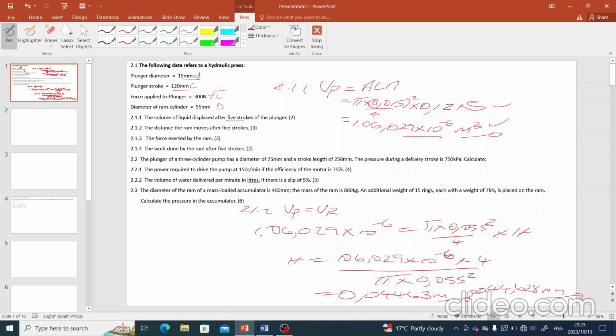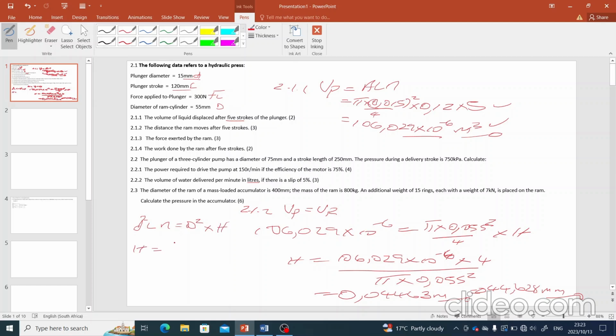2.1.2. Now if you've used the diameters, it was going to be small d squared multiplied by stroke length, number of strokes, equals big D squared multiplied by h.